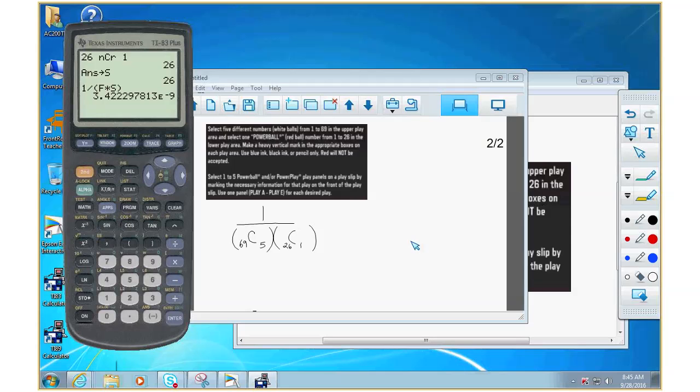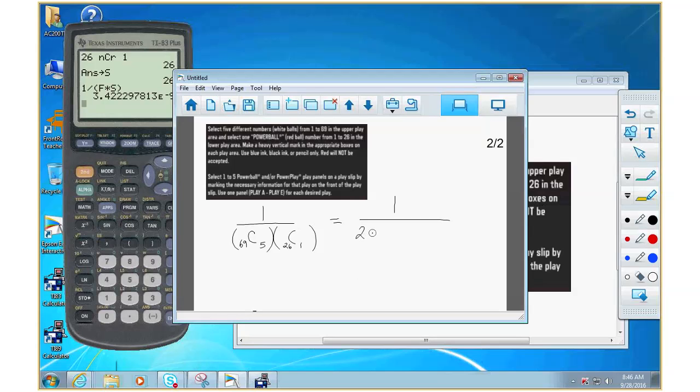And that's going to be a very small number, which, let's play with this for a minute. Somebody multiply 26 by that big number. Let's go ahead and put it in fraction form, because that's what they're probably going to want on the test. 1 over what? 292,201,338.